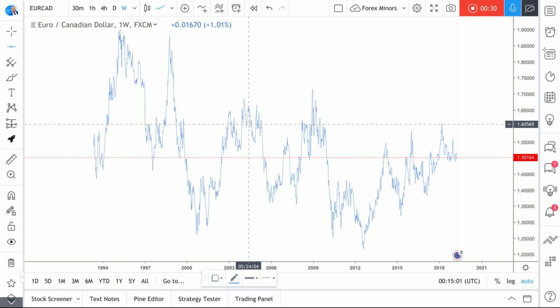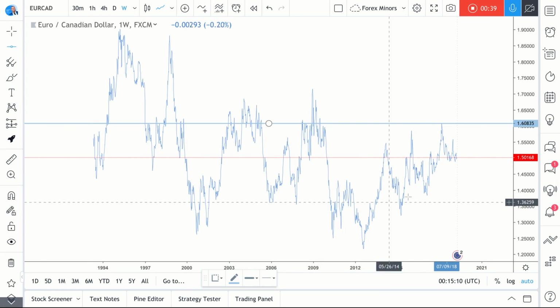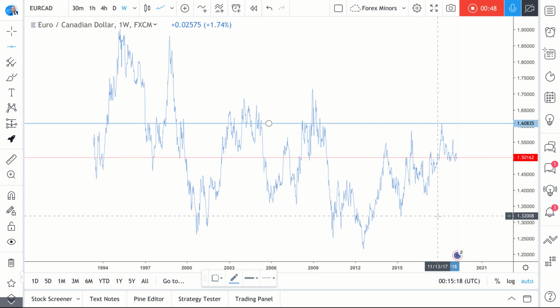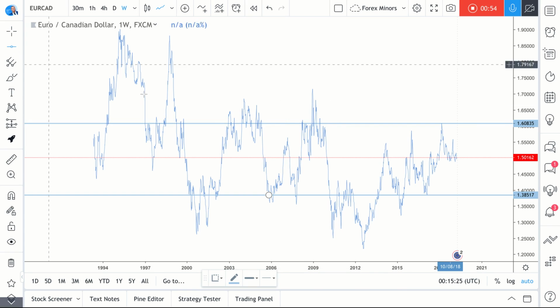And I'm going to look for areas like this. Highest and lowest points that are relative to the current price. I think this was a better one. And then maybe two more.